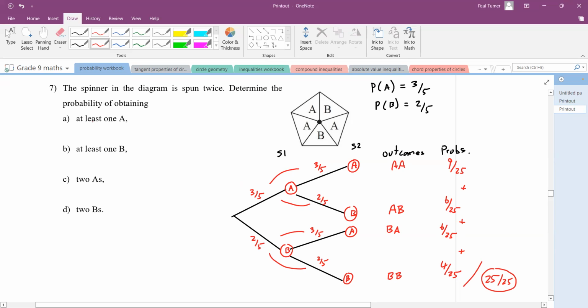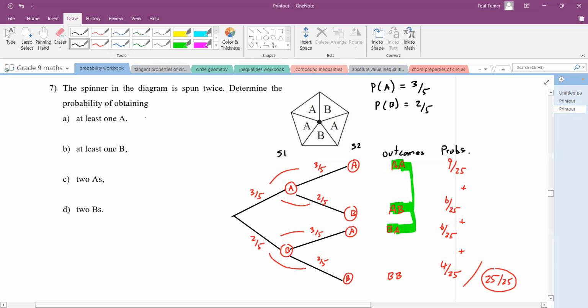Okay, so what's your chance of getting at least one A? So when we look at our diagram, we've got two A's here, which is fine. We've got an A here, which is fine, and an A here. So you're going to have to add these 3 probabilities here.